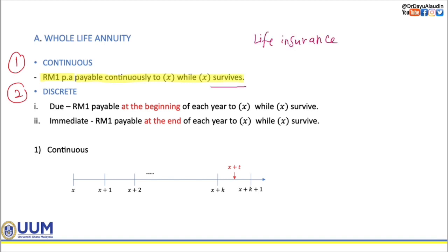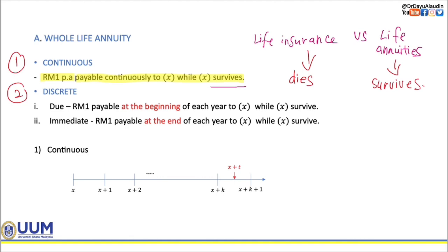Okay, so life insurance versus life annuities. The life insurance benefit will be paid when an individual dies. However, for a life annuity, the benefit will be paid as long as the individual survives. That's the difference between life insurance and life annuity.